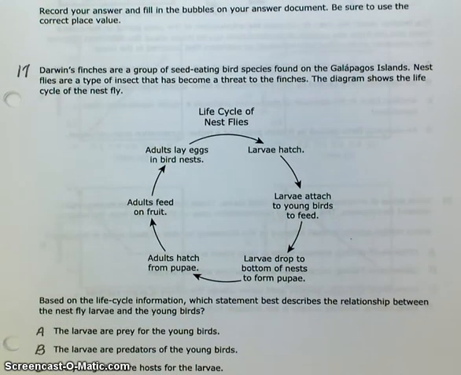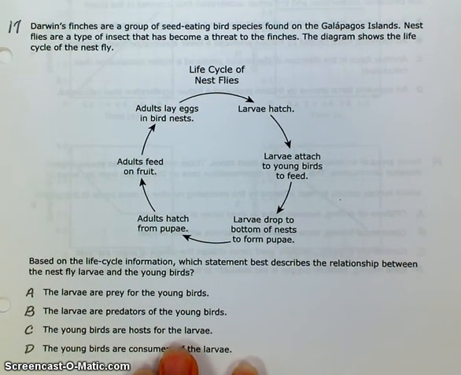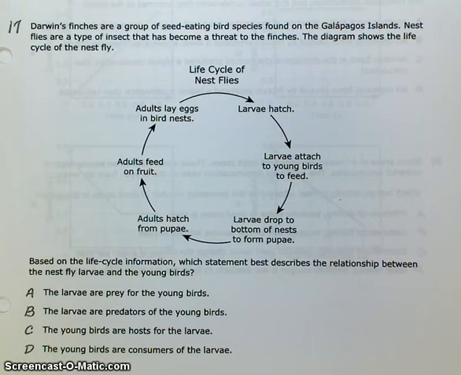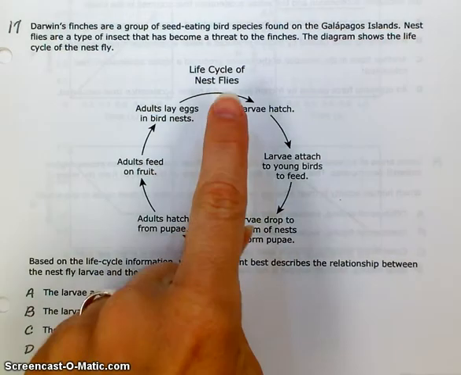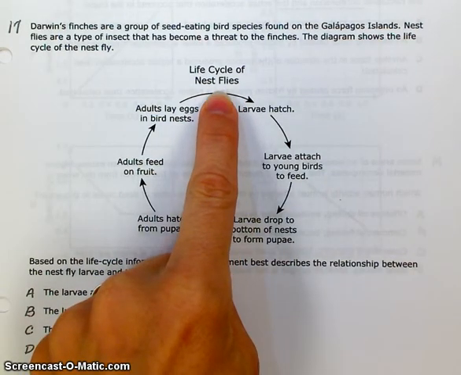Number 17. Darwin's finches are a group of seed-eating bird species found on the Galapagos Islands. Nest flies are a type of insect that has become a threat to the finches. The diagram shows the life cycle of the nest fly.